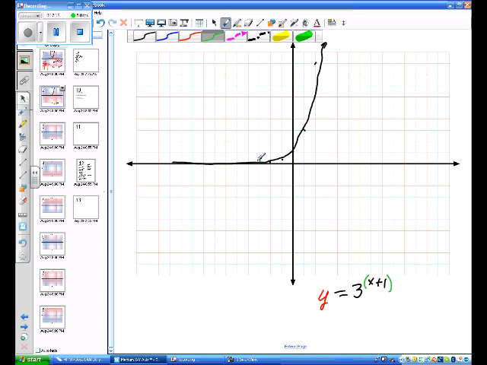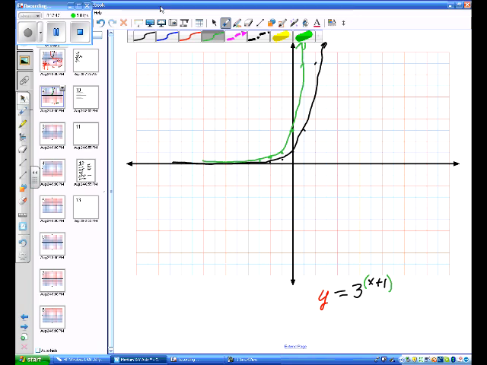So we would have our 1/9 there, our 1/3 here, 1, 3, and 9. And so it's typically the same graph. We just shifted everything over 1 unit. Now that means we didn't cross our y-axis anymore at y equals 1. We crossed it at y equals 3.